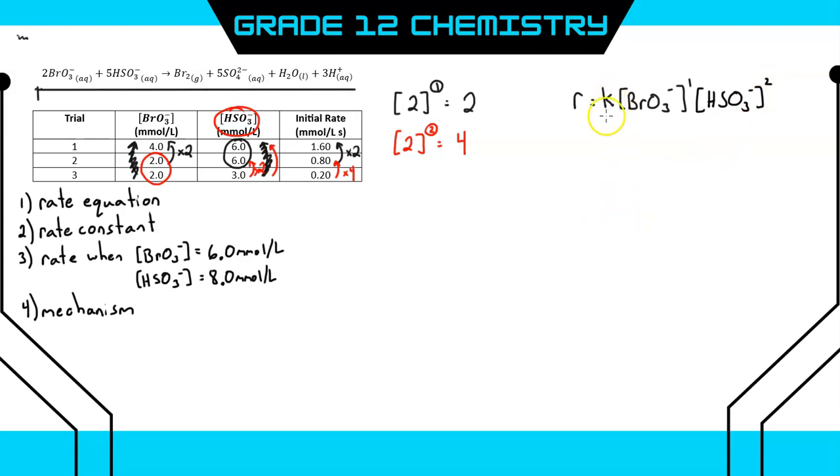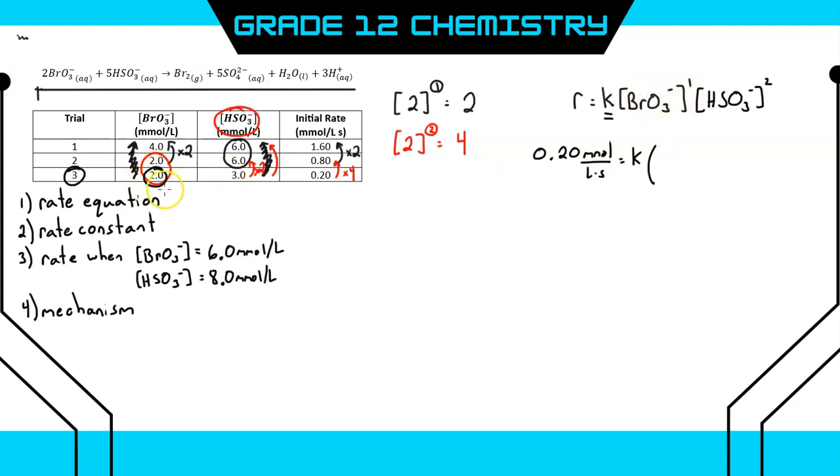Next, we can solve for our rate constant using any one of the trials. So we'll just pick a simple one. Right, there we go. We'll use trial 3. So we can plug in our rate. So we have 0.20 millimoles per liter second. And that's going to equal K times our first concentration to the power of 1.